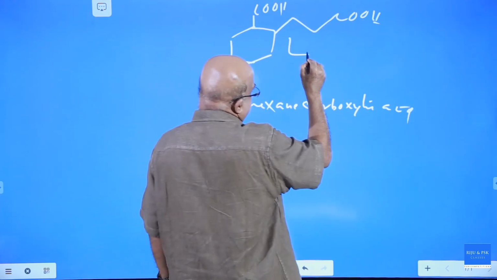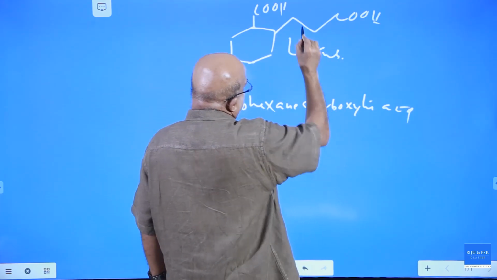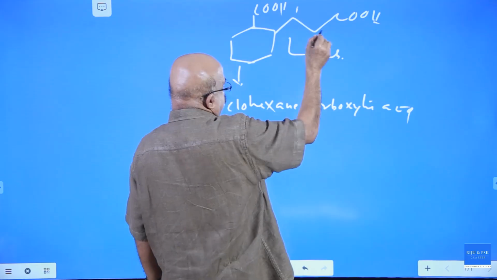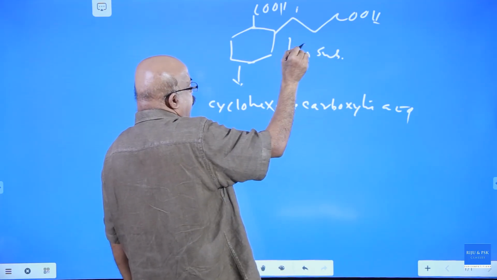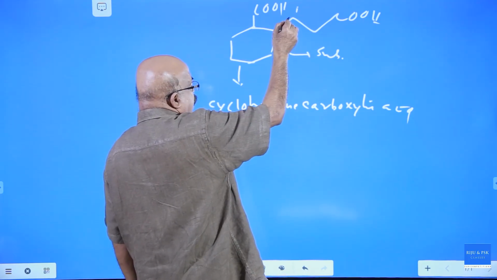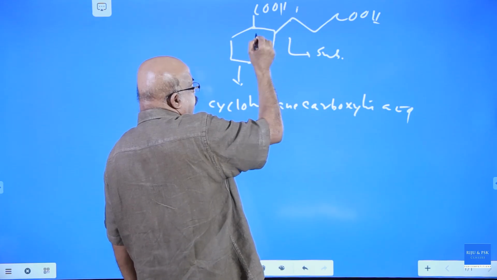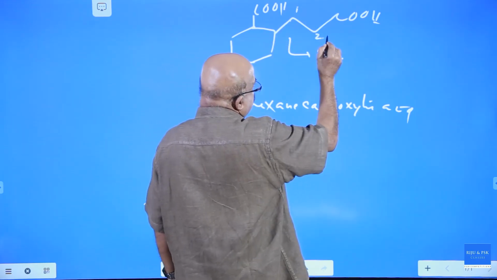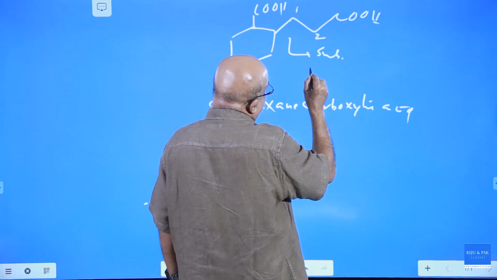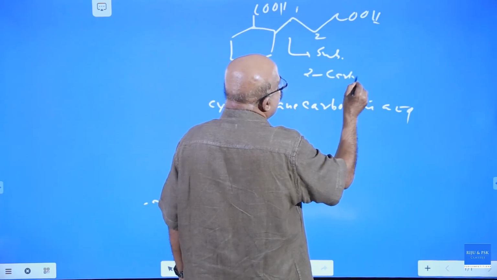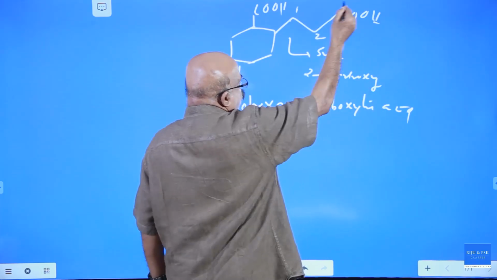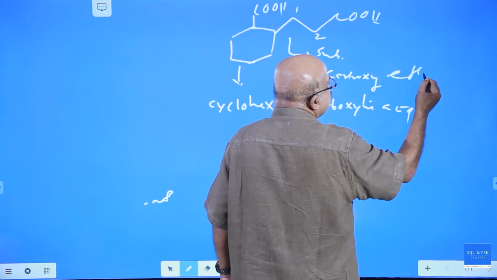This is a substituent, named as 1. While numbering, the carbon atom adjacent to the cyclic ring should be numbered as 1. This is a carboxy group, 2-carboxyethyl.